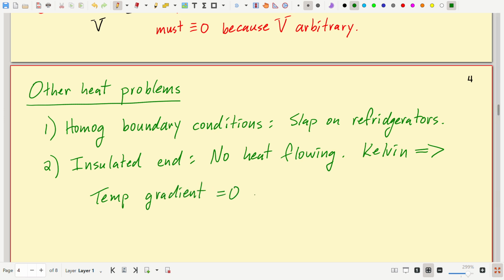In the one-dimensional case, that would mean du by dx at L,t is equal to 0 for all t. That would be the right-hand side being insulated.